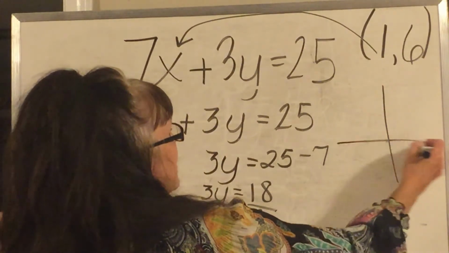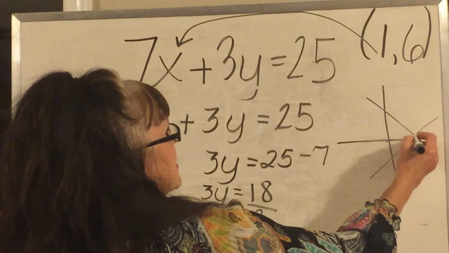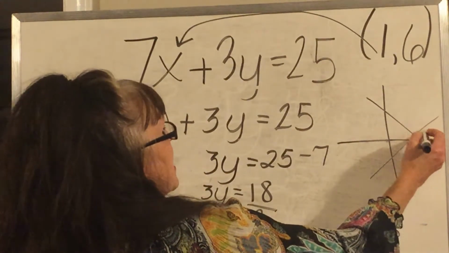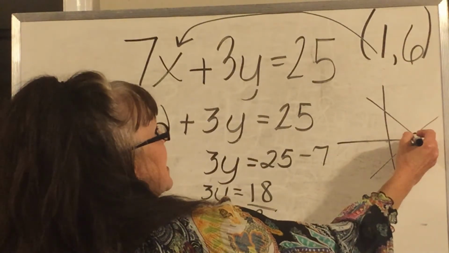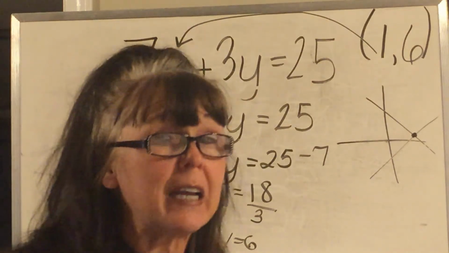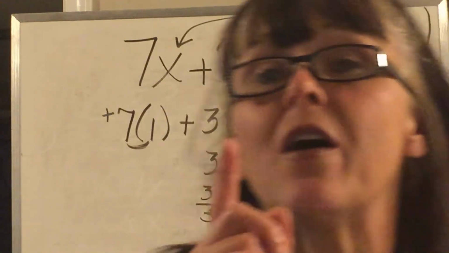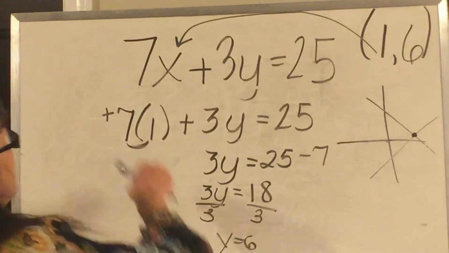This is not exact, but you know, something like this and then something like this. And this is where it would cross. 1, 6 is where your two lines would cross. Now, do I do that in another video? I do eventually. All right. So let's go on to example 2.